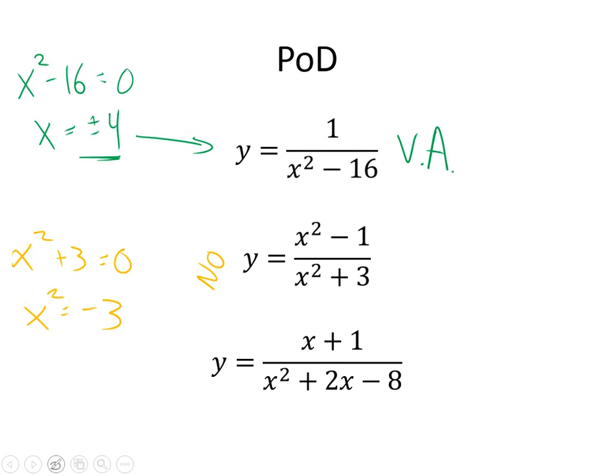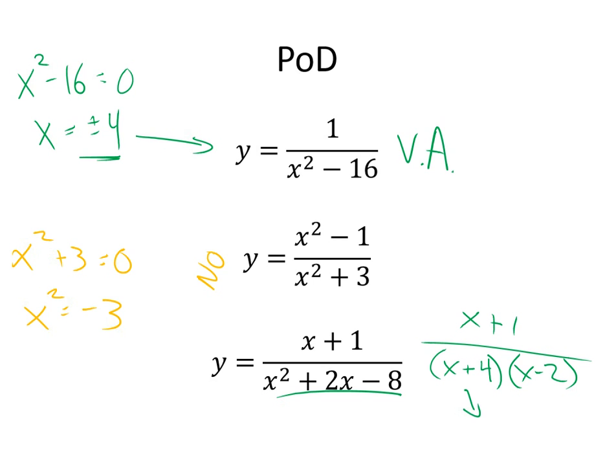Now the last one, we're going to want to factor that. Two numbers multiplied together get you a negative 8, added together get you a positive 2, would be x plus 4 and x minus 2. Now since we have this, we're going to go, okay, when does that first parenthesis equal 0? That would be at negative 4.